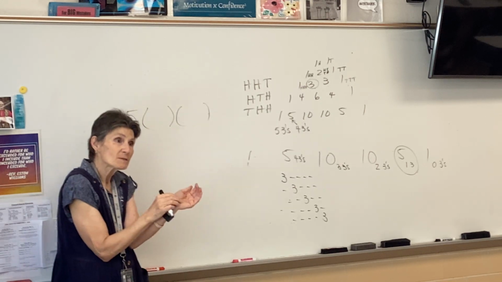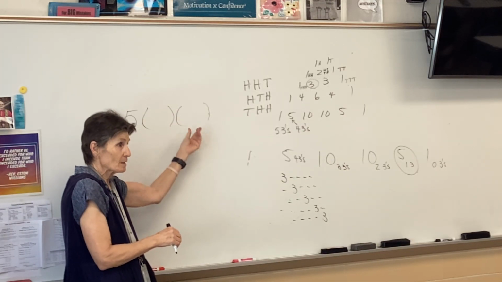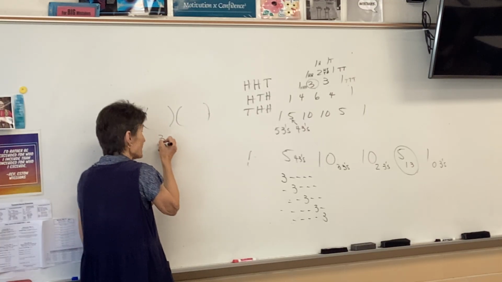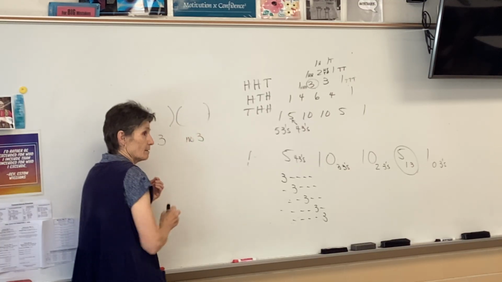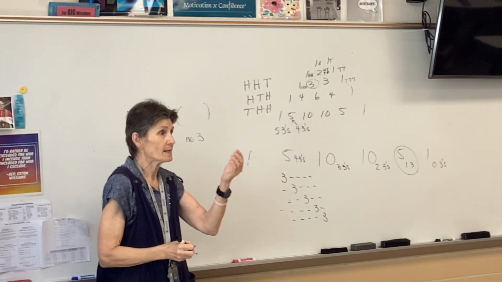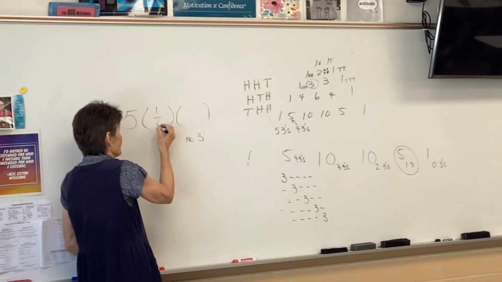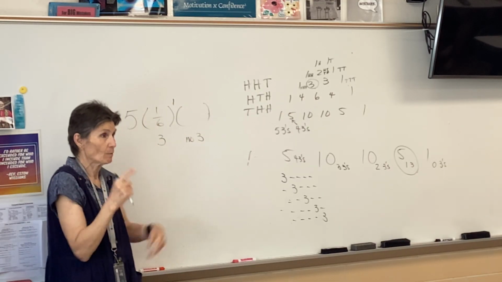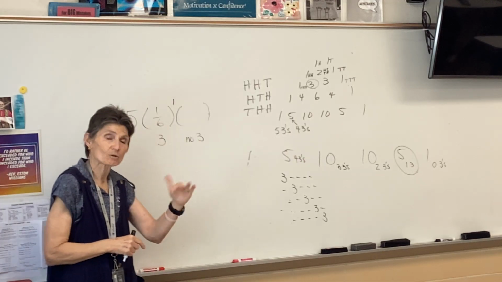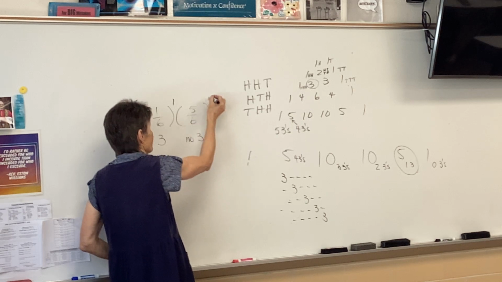Now in the problems that we just did, we had an X and a Y. In these problems, we have get a 3 and don't get a 3. What's the probability I'll roll a die and get a 3? 1/6. And I want 1 of those. I want 1 three. What's the probability I won't get a 3? 5/6. And I want 4 of those.